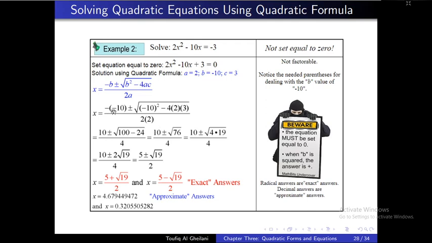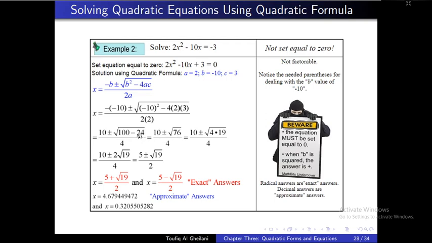So now negative times negative is positive, positive 10, positive or negative the same here. Square root of 100, how does it come? Because minus 10 times minus 10 will give me 100. Minus here 24, how does it come? Because 4 times 2 is 8, 8 times 3 is 24. Equals 10 the same, positive or negative here, 76, how does it come?